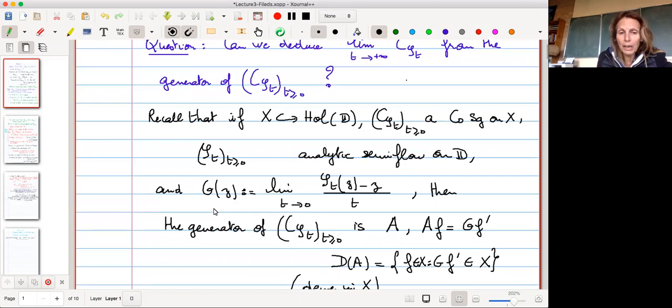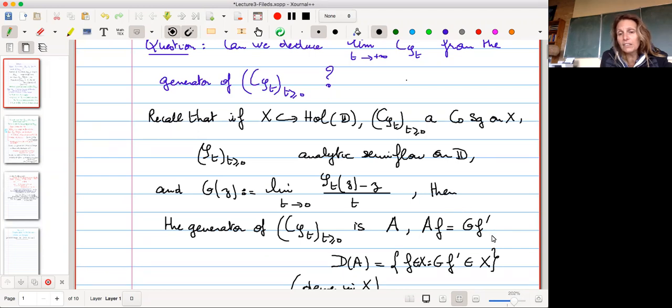This was proved by Berkson and Porta, as mentioned in several talks before. And the link between the generator of the composition semigroup and the generator of the semiflow is the following. I call it A, and Af is completely determined by G, because Af is G f prime.